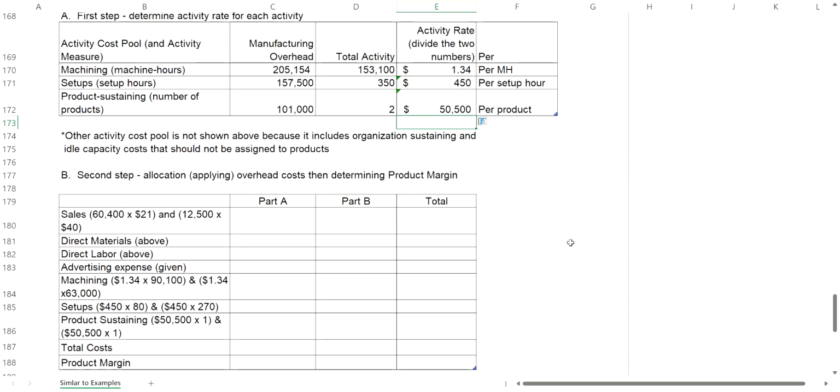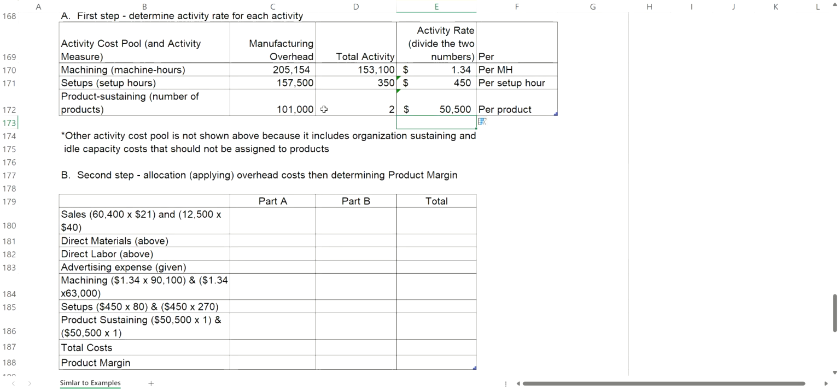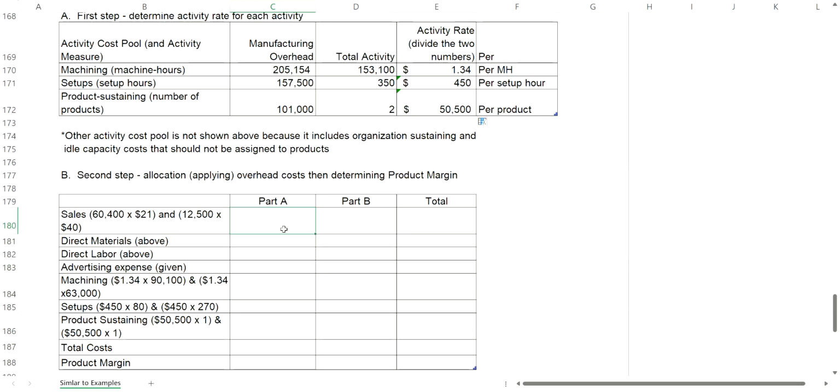Now in step 2, I'm going to allocate each one of these to product A and product B. Okay, I am going to do it getting a product margin in the meantime as well. So just like I did up here, sales are going to be the same as when I did the traditional.